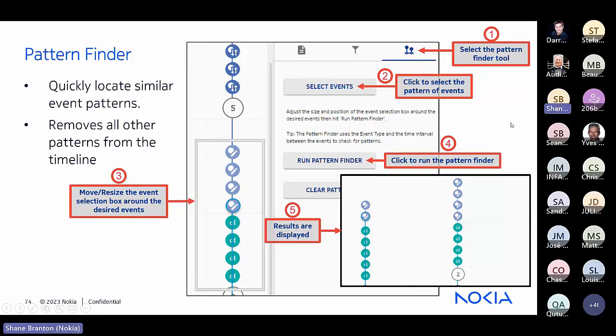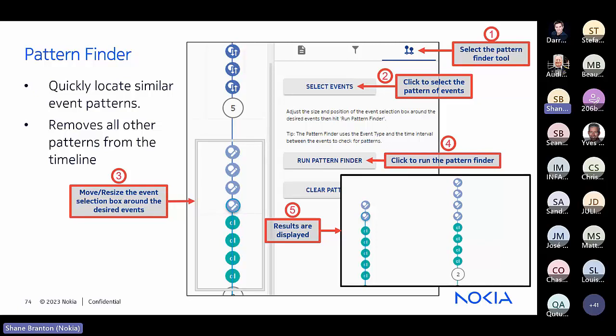There's also what's called a pattern finder. Anyone that troubleshoots will know that sometimes it's good to go back and see if this issue has happened before, because we might want to take a look at the events that happened beforehand. So you can highlight a pattern of events in the event timeline and run the pattern tool.